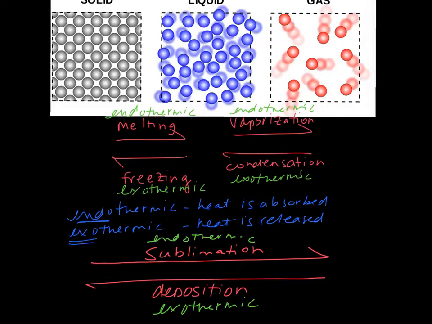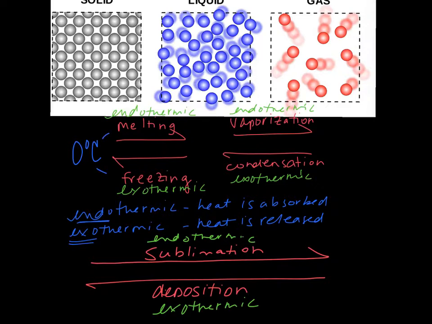So it has to be at a specific temperature for that to happen. The melting point and the freezing point is going to happen at 0 degrees Celsius. The melting point and the freezing point is the exact same temperature. It just depends on whether you're putting heat in or taking heat out. It's going to happen at the same temperature.